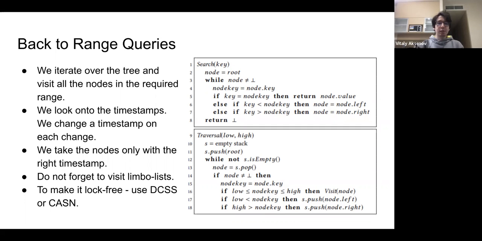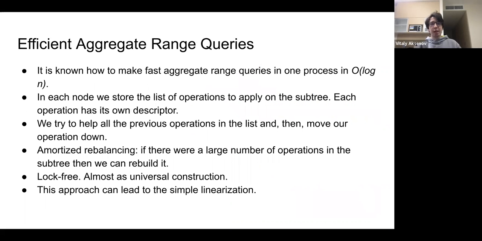And we also visit limbo lists, which are somewhere in memory, already removed, but you still have a reference to them. And to make it lock-free, you can use either DCSS, double compare single swap, or CASN.